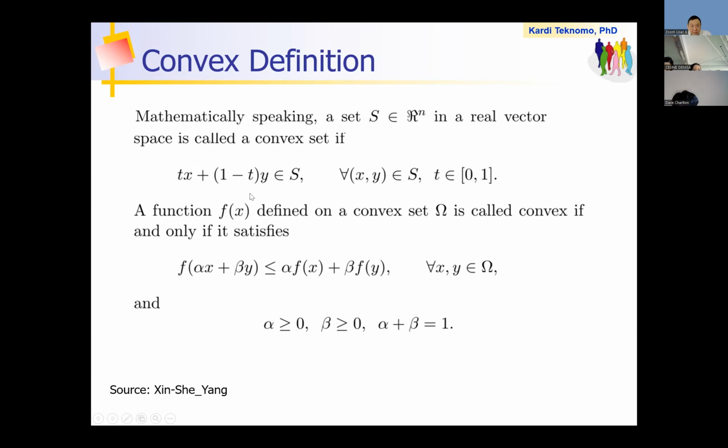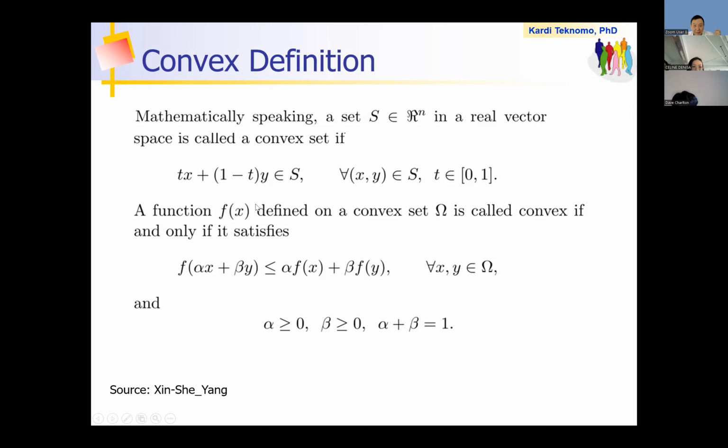This equation is called convex for two variables. Of course, if you have more than two variables, it's just a linear combination. In linear algebra, you remember linear combination, where the sum of the weights is equal to 1. That is the meaning of convex.